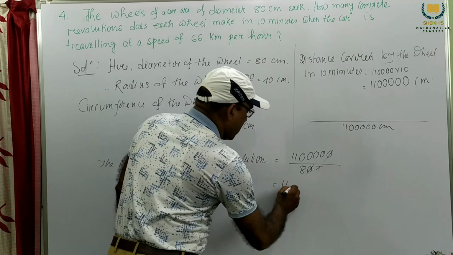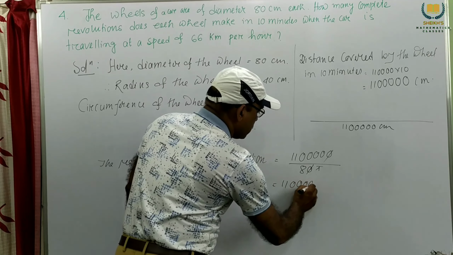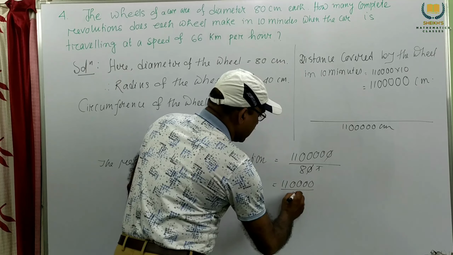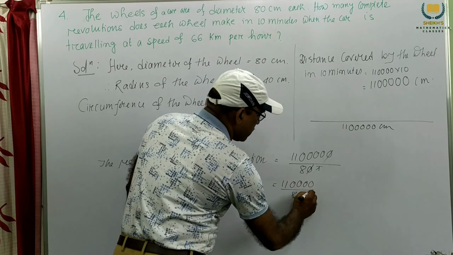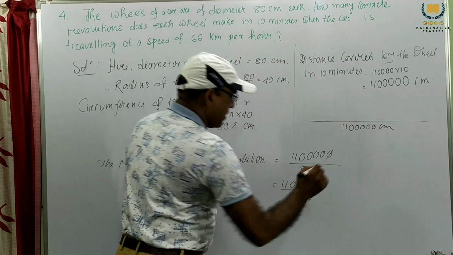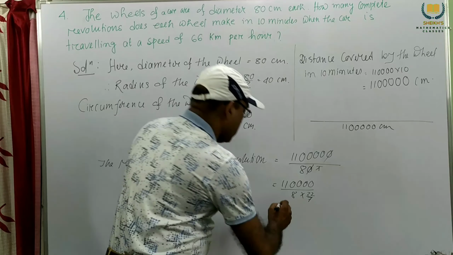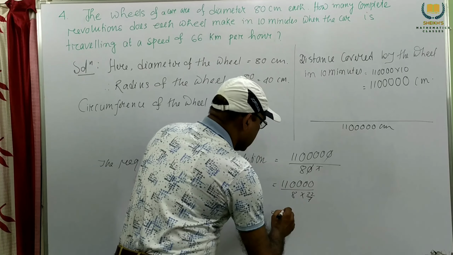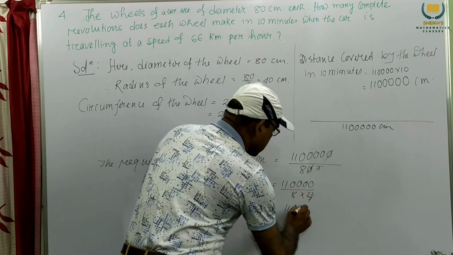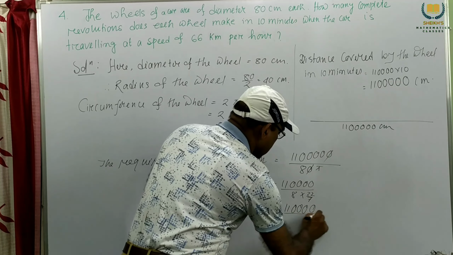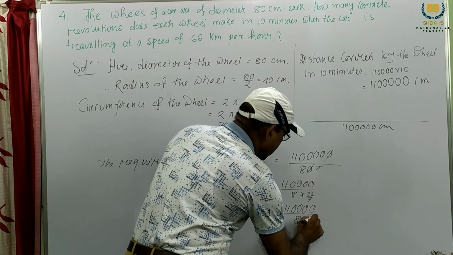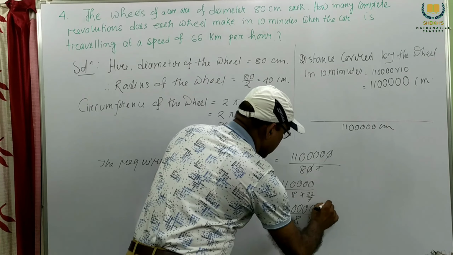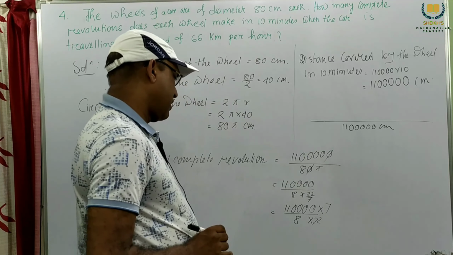This is 11 and 4 zeros. This is 80. Pi means 22 by 7. So this is 110000 over 8 into 22 into 7.